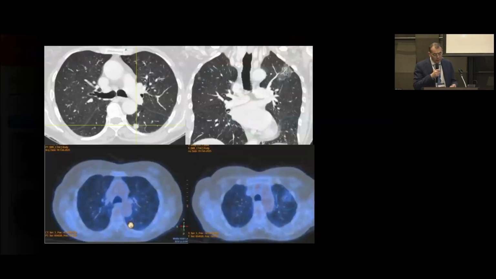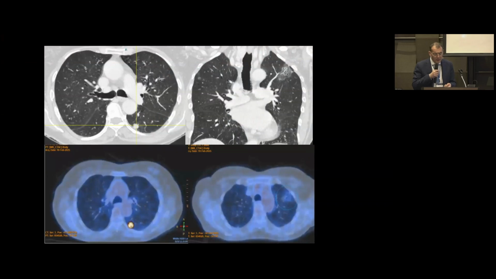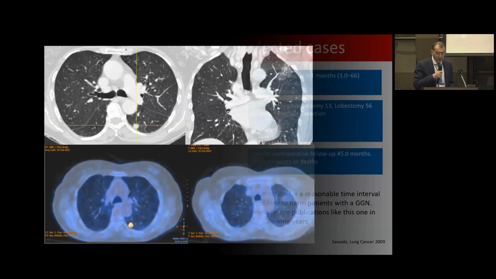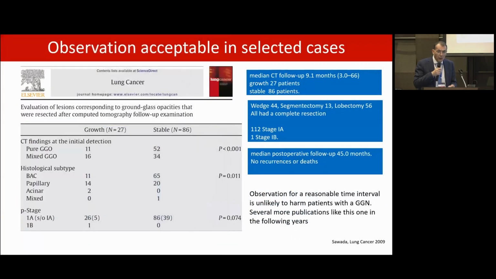What would you do with this patient? You wouldn't go for a pneumonectomy. And in fact, we didn't. We went for 2 segmentectomies in the same procedure, in the same operating session. But because we know they tend to be indolent, it has been known for a long time, maybe observation could be acceptable.